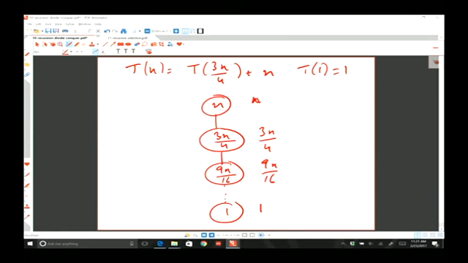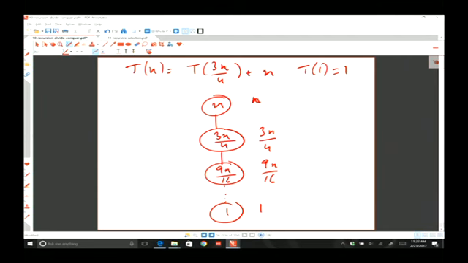Right. So it is n plus 3n over 4, 9n over 16. Oh, that's an upper bound, but that's a very weak upper bound. Sure, it is an upper bound. We won't do more than n squared, but can you put a better upper bound?